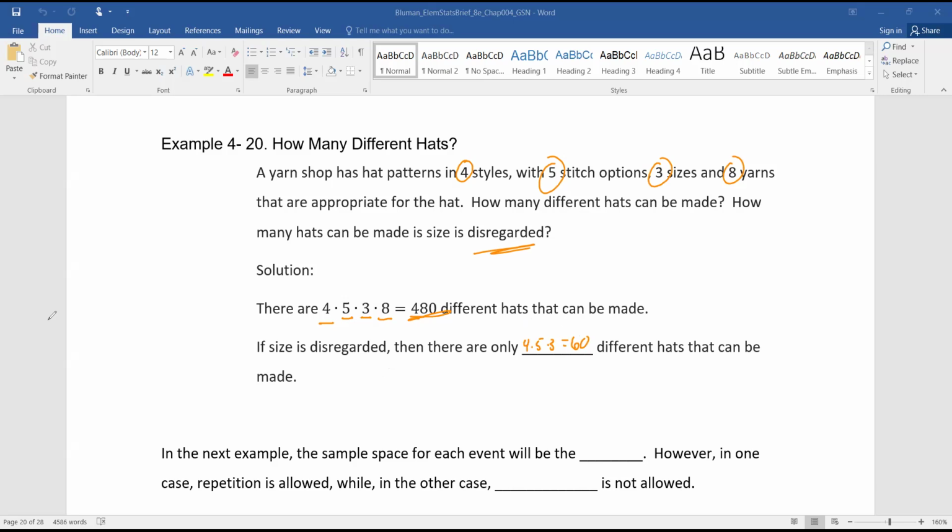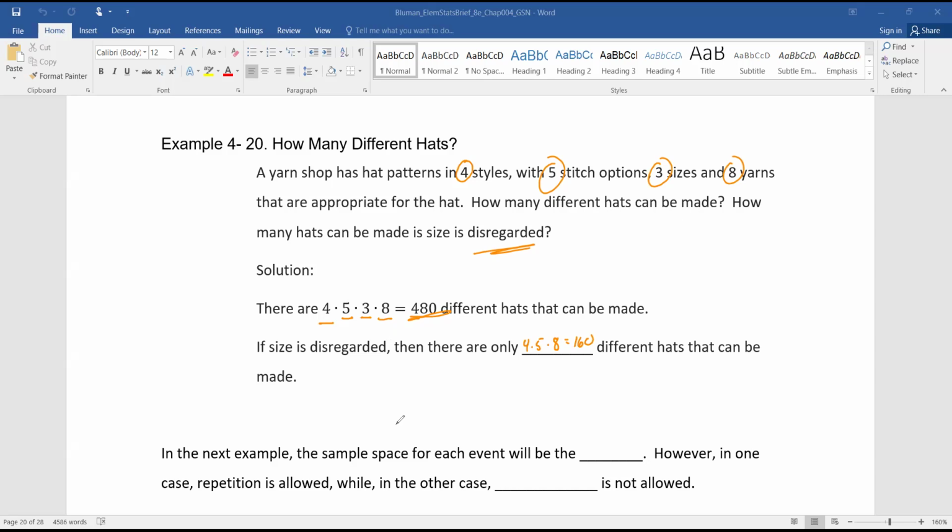Oh, I lied, because I'm disregarding the size, it would actually be 4 times 5 times 8 for the yarn. I used the wrong number there. So that's 20 times 8, which is 160 different hats that can be made, not counting the sizes.